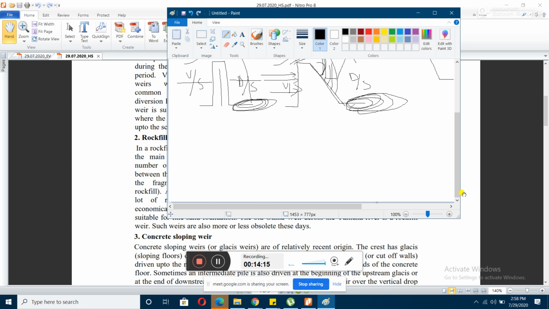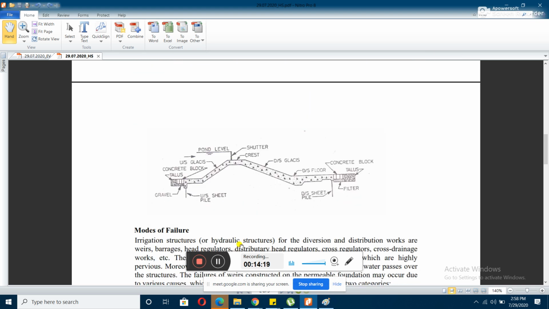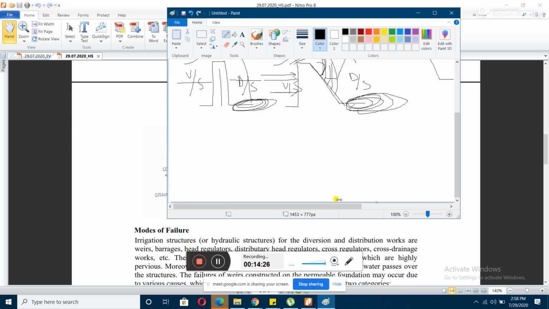What happens in a concrete weir, you can see that there is no masonry structure, only the floor is being made here. Look, this is the weir. You make one impervious floor here, in order to avoid the percolation of water from this point to this point.